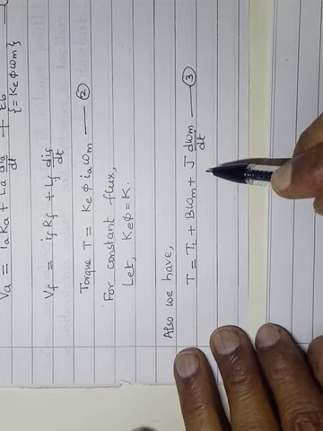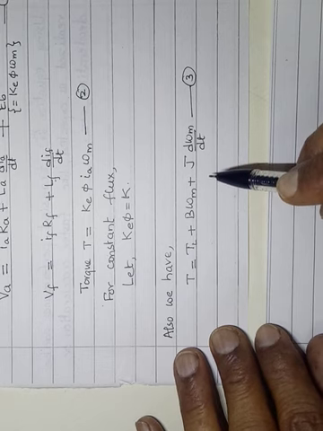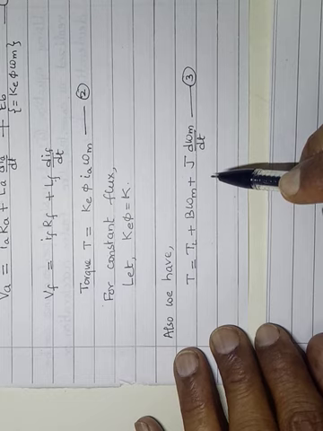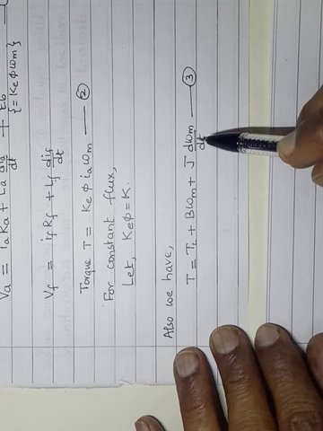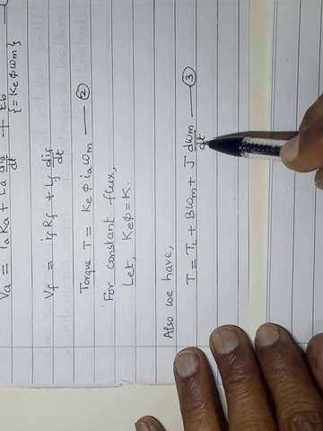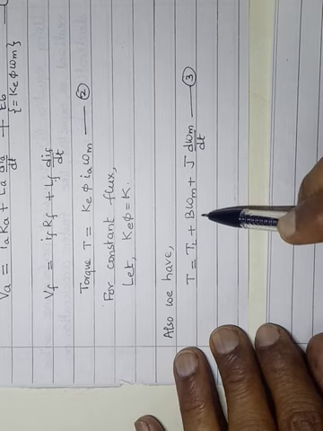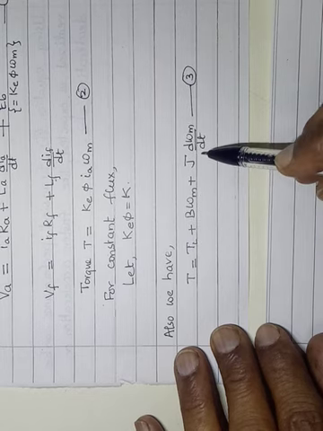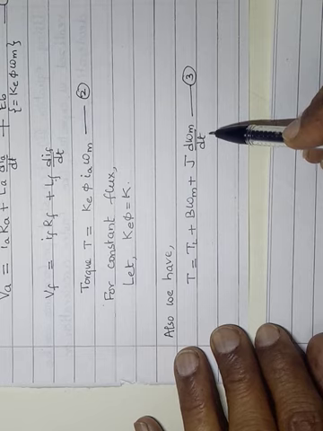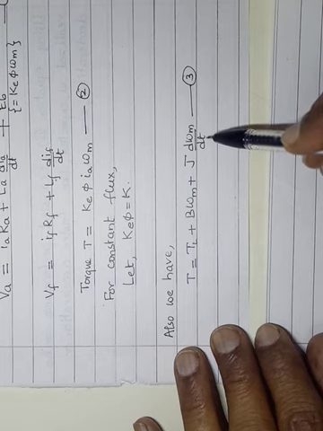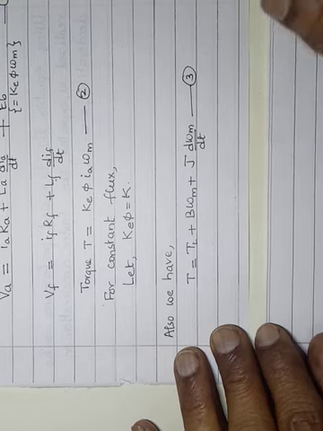When we discussed components of torque: friction torque, viscous torque, useful load torque. You remember that? There we came across this. Ultimately we came to this equation. So torque is equal to TL, useful torque, plus B omega m plus J d omega m by dt. This is the torque equation. I will call this equation 3.